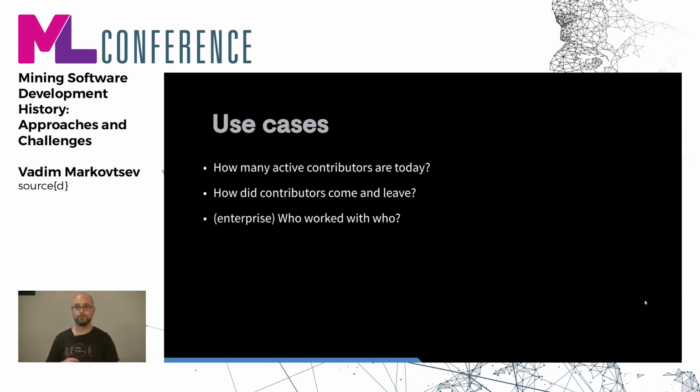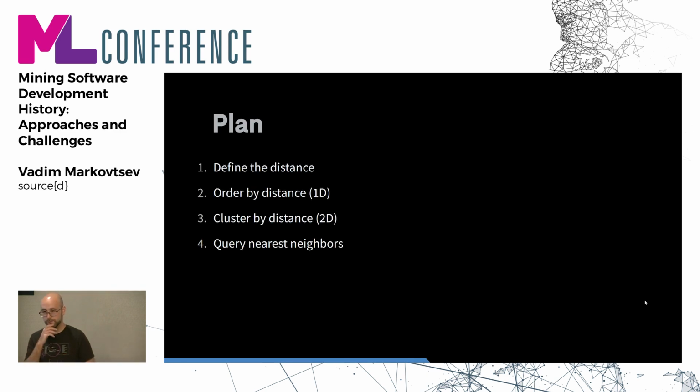And also for the enterprise, this feature is useful because usually you work in the same team, and if you see that several persons work in the same time period, probably they worked with each other and they share some knowledge, even if they didn't commit to the same files, as in coupling. So you can ask any of them what happened 8 years ago, and probably you would get an answer. Probably you would not, who knows. So how can we do that? This is the plan.